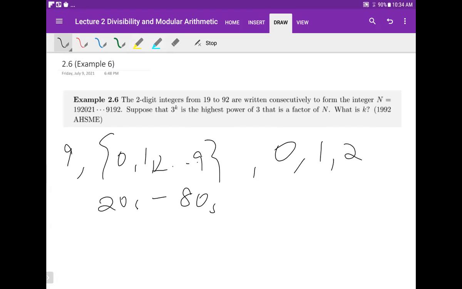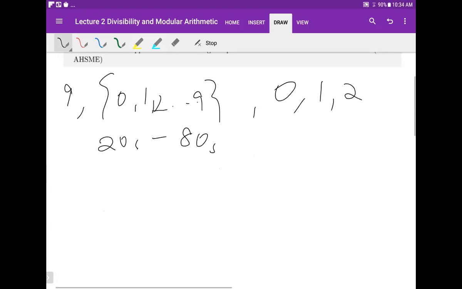And I know this off the top of my head, but if you don't know, you can use this simple formula, right? The formula for the sum of numbers from 1 to n is equal to n times n plus 1 over 2. And you can derive this pretty easily and prove this pretty easily as well using induction. But we'll go over induction in the last lecture of our series.